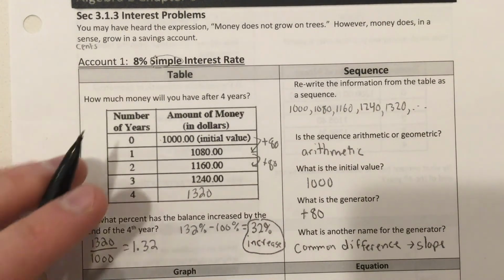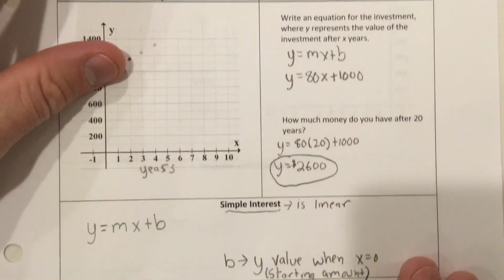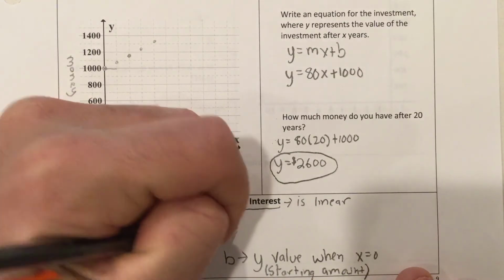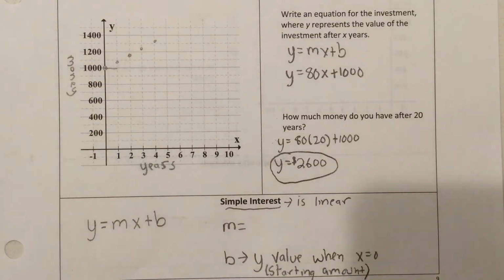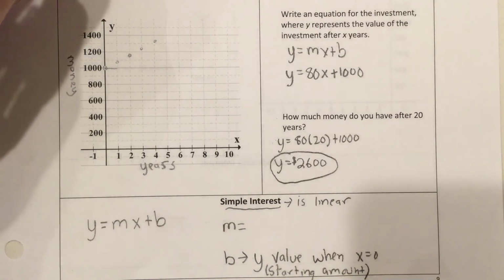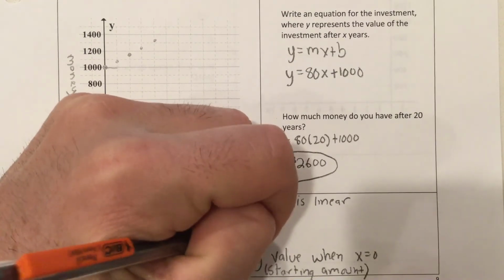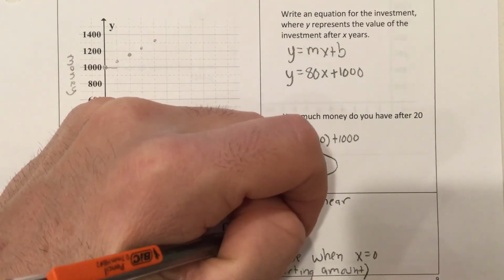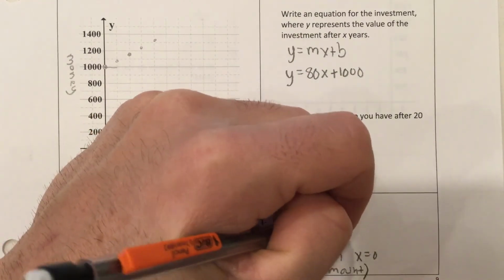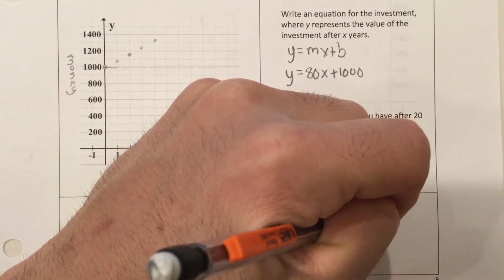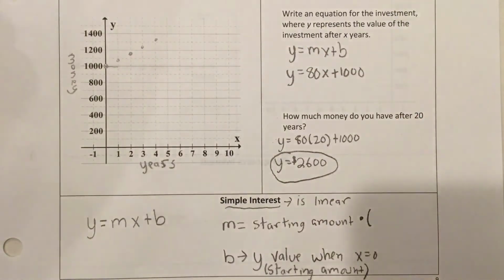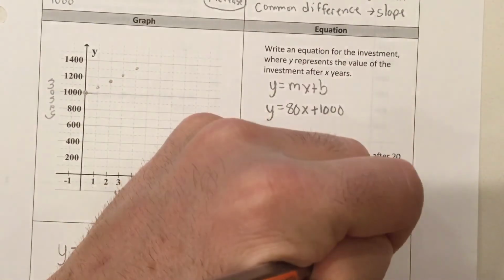So to find your slope, we're gonna have a little formula here. Slope equals your initial value, or your starting amount, times your interest rate as a decimal.